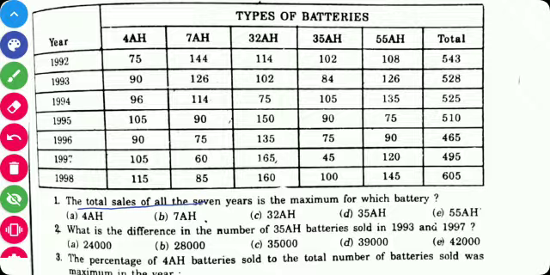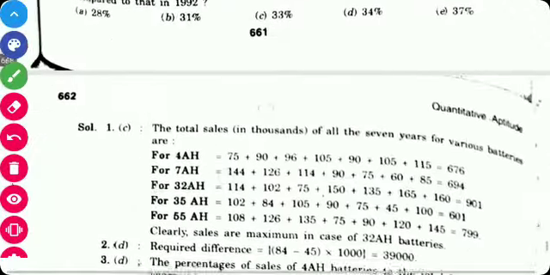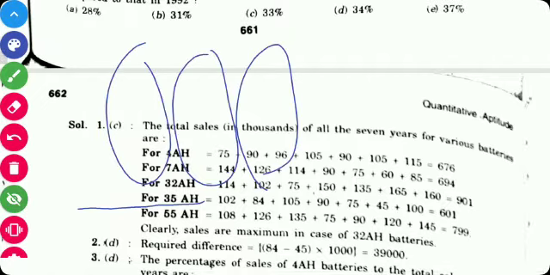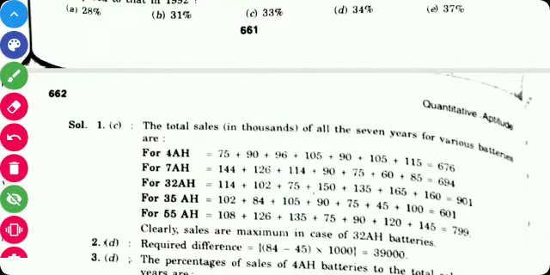Okay, so the first question is, the total sales of all the 7 years is the maximum for which battery? What we have to do is add all these numbers, which are in thousands. So see here, the total sales in thousands of all the 7 years is, for 4AH 676, for 7AH 694, for 32AH 901, for 35AH 601, and for 55AH 799.